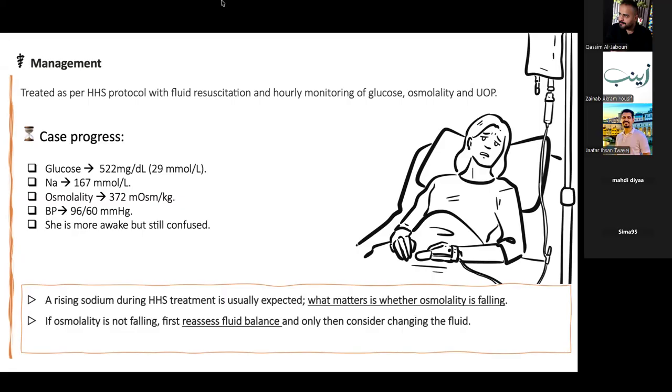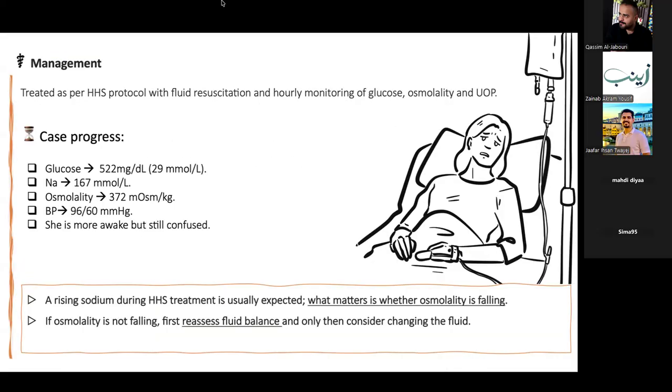If the osmolality is not dropping, you need to reassess your fluid balance and then consider changing to half saline or hypotonic solution. As long as your osmolality is going down, that means you are doing the right thing.